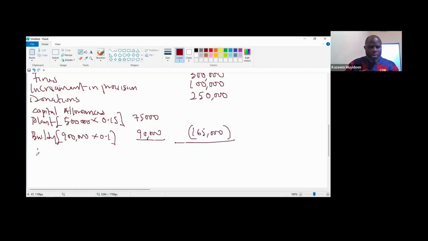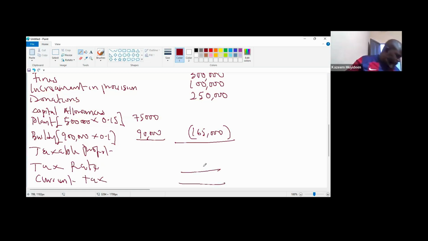This will now give me taxable profits. Then I'll apply the tax rate on it to give me the current tax. Good. That will give me taxable profit.